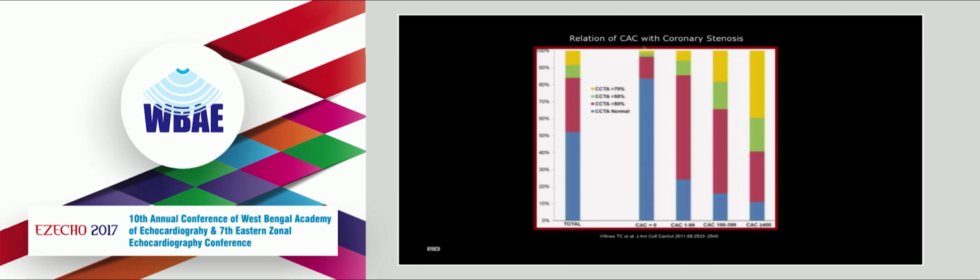But there's a small chance that you have obstructive coronary artery disease. As the coronary artery calcium increases, the chance of having a normal CTA decreases, and this has led to certain groups in Europe to use coronary artery calcification as the first test before somebody is subjected to a stress test.